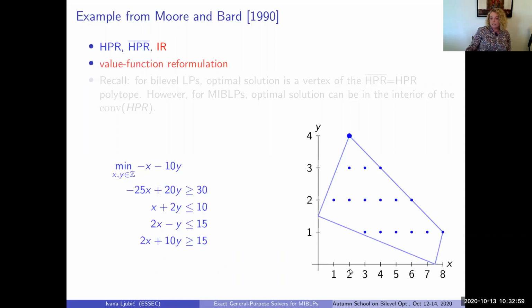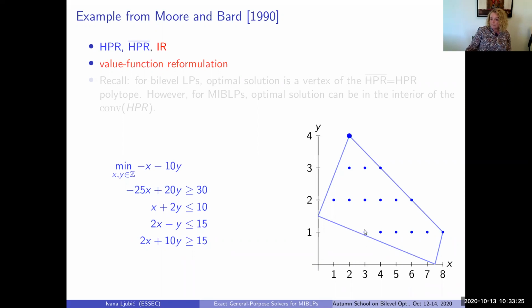So if I fix, for example, x equals 3, then the feasible space of the follower will be the points 1, 2, and 3. However, the best response for the follower is the point 1. So the only bi-level feasible solution where the coordinate x is fixed to 3 is the point y equals 1.